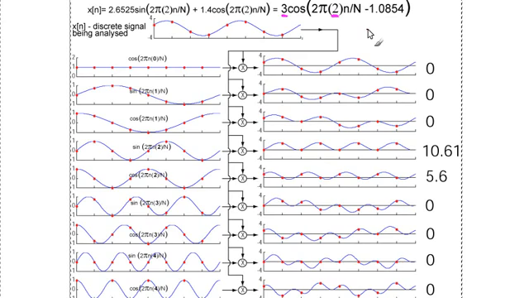Now, in order to appreciate this example, you need to appreciate that a cosine waveform with a phase shift can be represented in this way. A cosine with a phase shift can be represented as the sum of a sine wave with no phase shift and a cosine wave with no phase shift. Let me just write that out.